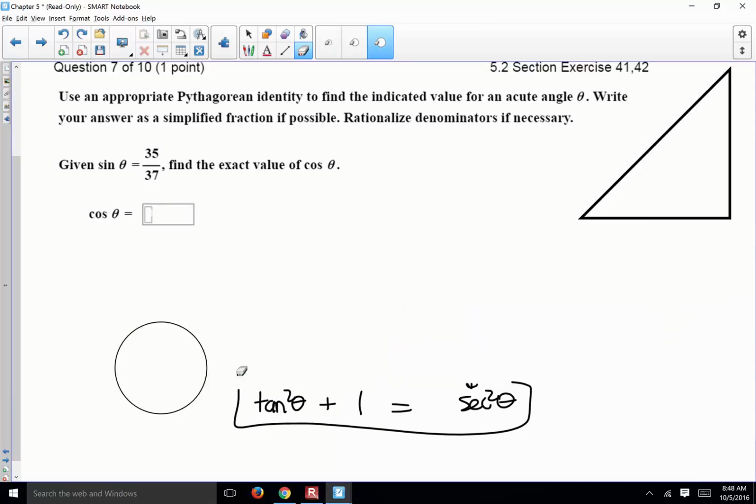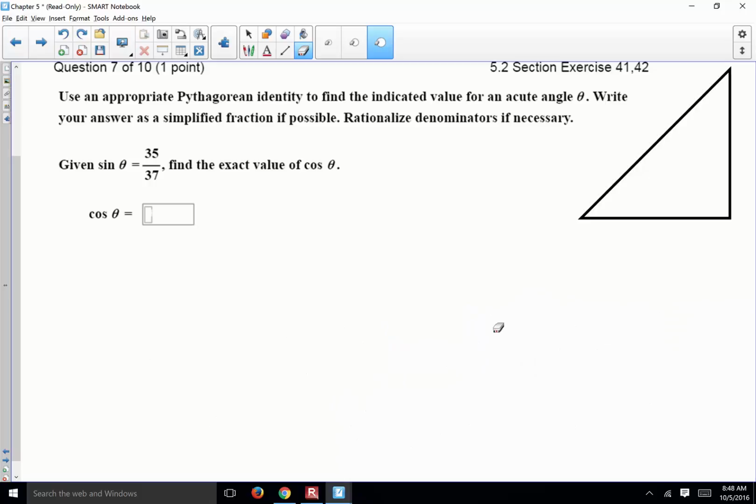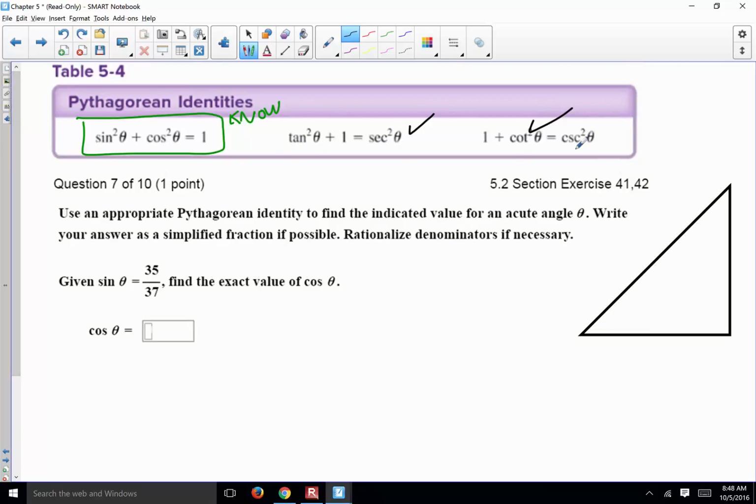The following question: sine is given, cosine is asked. Which one of these 3 equations are you going to use to get cosine? Sine is given, cosine asked. So you need to pick an equation that involves both sine and cosine.